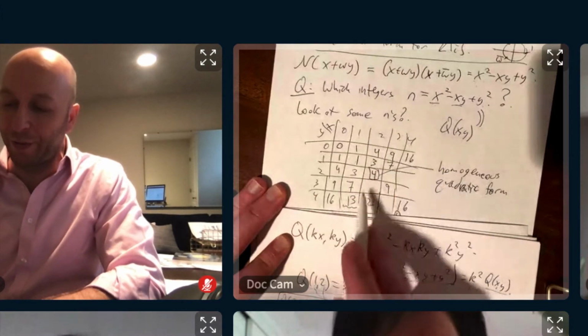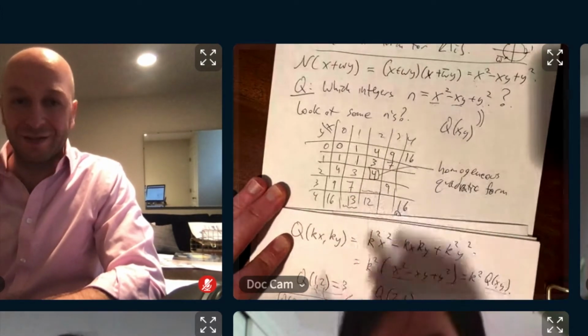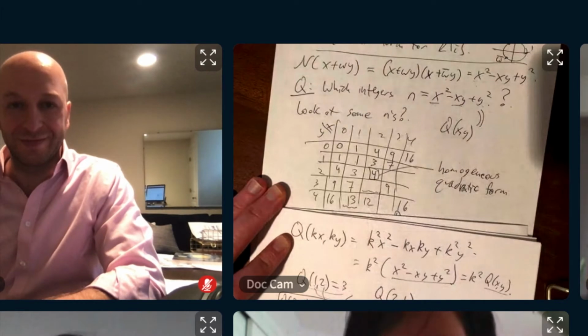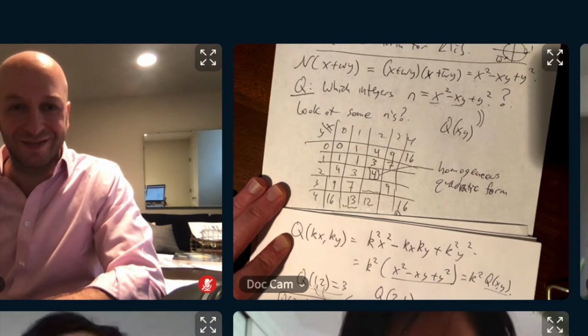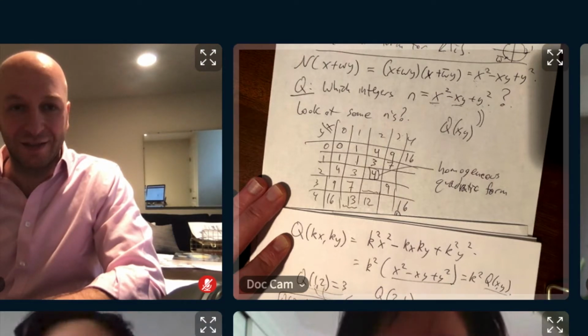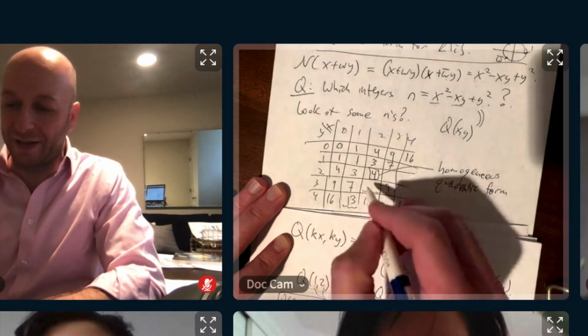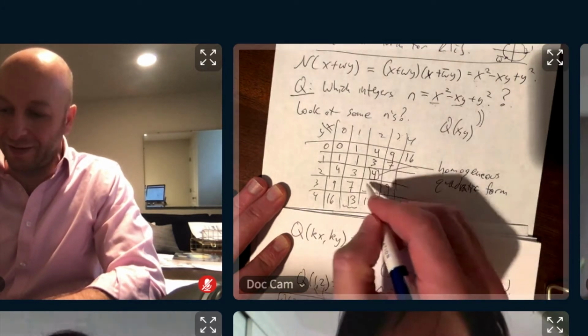How about 2 and 3? What's this entry? Sriya says 7. So does Bendro.